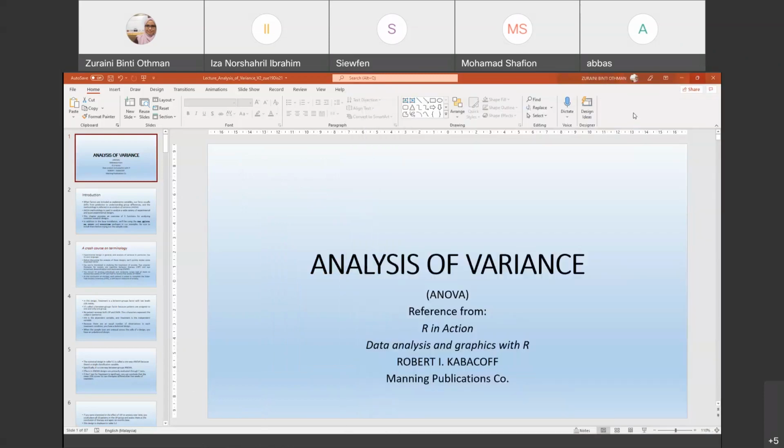While we go through this slide, we will do some exercise using R. I already put it inside the ULearn. Let me share my ULearn. Can you hear me clearly?